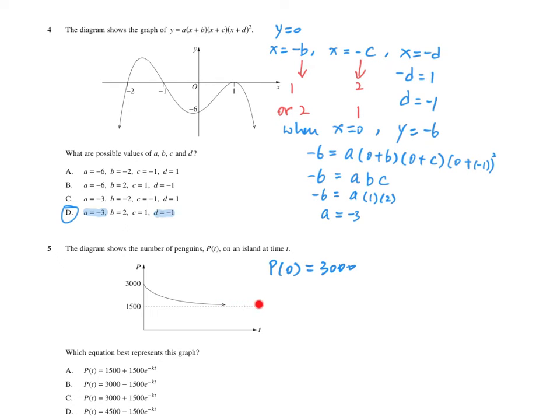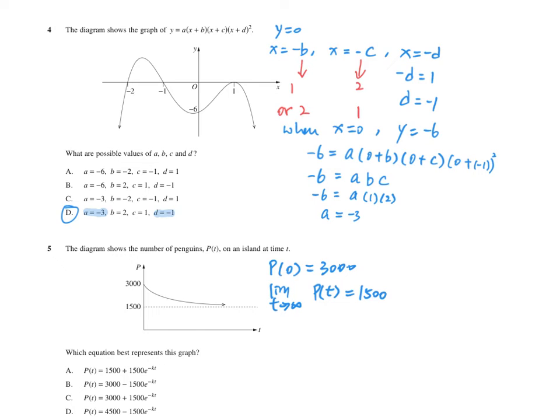As time continues, the value of p approaches 1500, which makes the limit of p(t) as t tends to infinity equal to 1500.